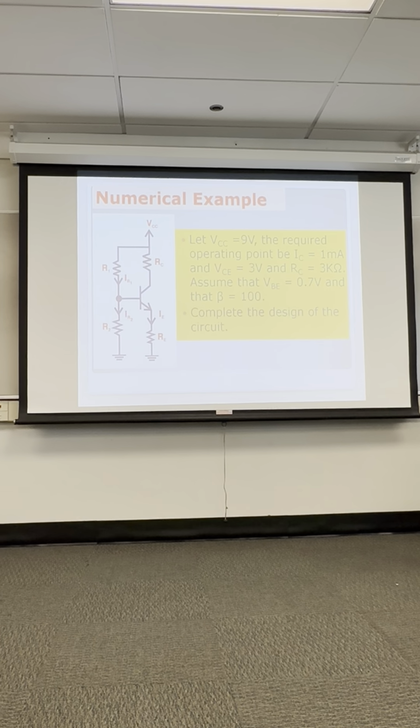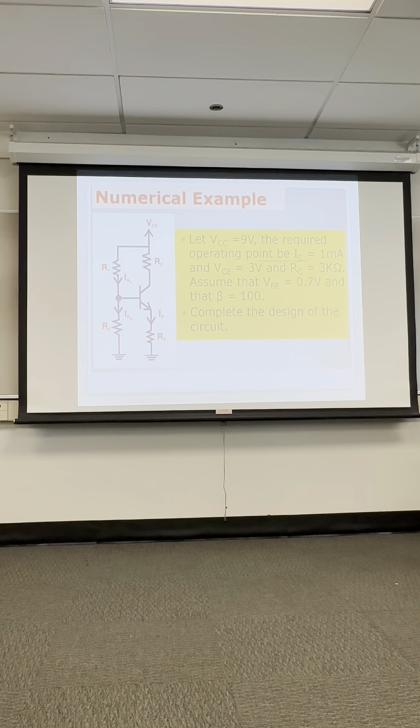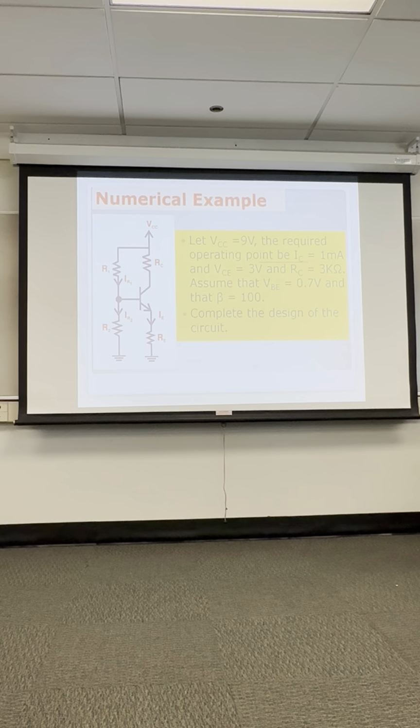Here's an example. Our battery voltage is 9 volts, and we want the operating point to be 1 milliamp I sub C. We want V sub C equal to 3 volts, and we want the collector resistance to be 3 k ohms. Assume base emitter is 0.7 volts, and that beta is equal to 100.